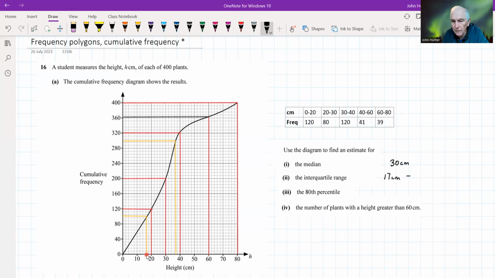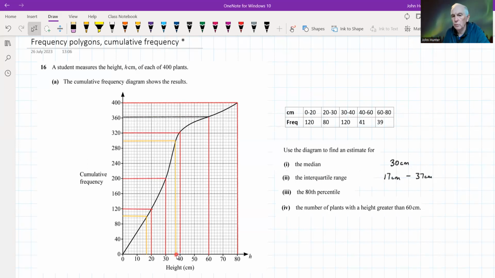So 17 centimeters, let's just write that down. And then the 75th percentile, well, 75% out of 400, that'd be 300. So that would be this point here. And if we go along and then down, that's going to get us to what looks like 37 centimeters.